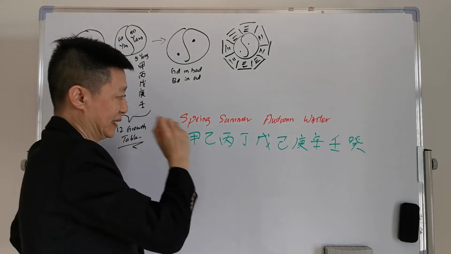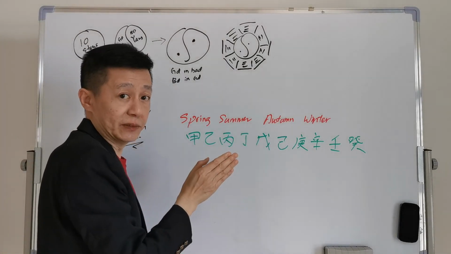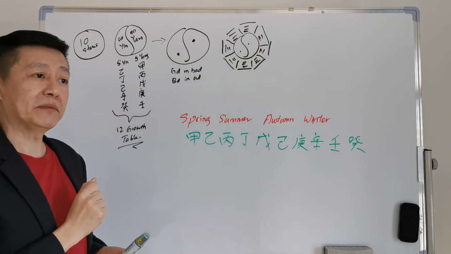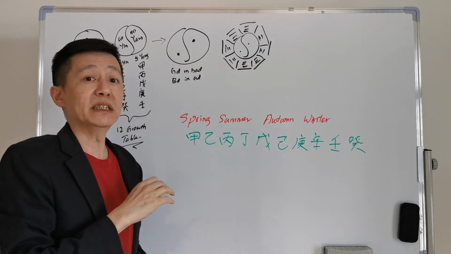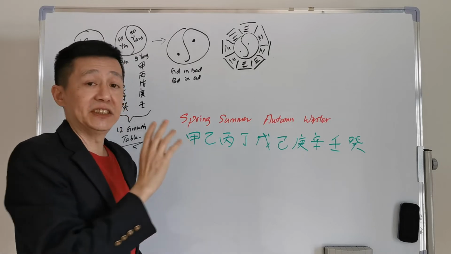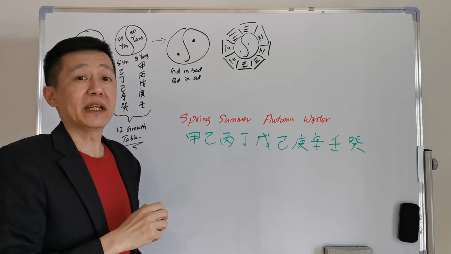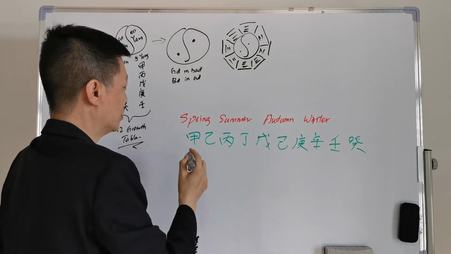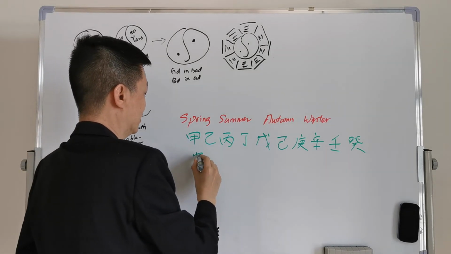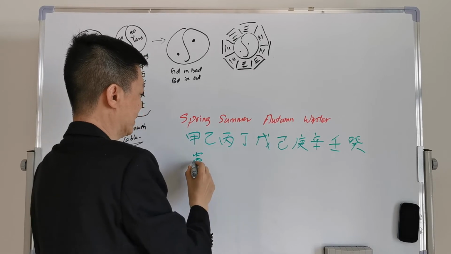Okay, so these are energy. But in a certain time frame, as time goes by, this energy turns into form, because this energy cannot be seen, but when it becomes form, you can see. So how do they become form? When Jia becomes form, it becomes tiger.